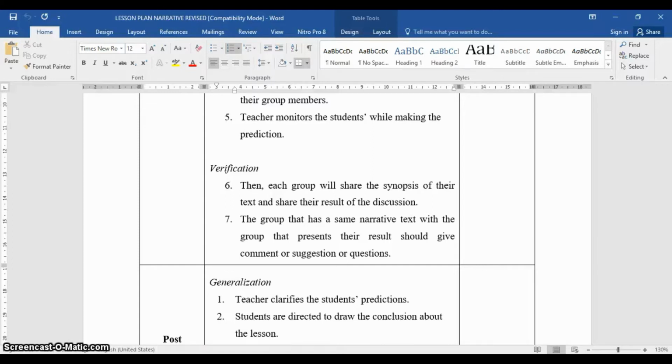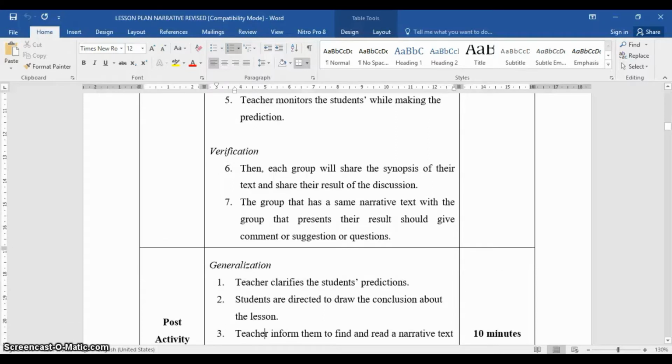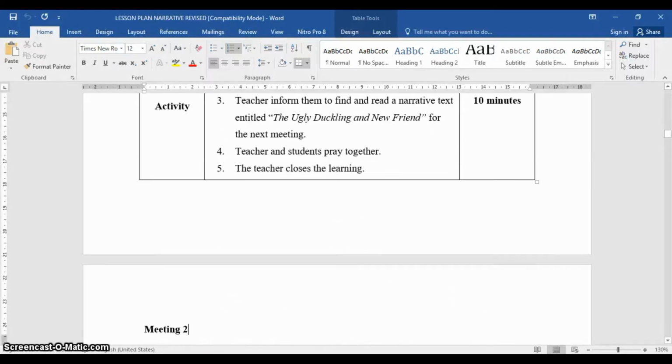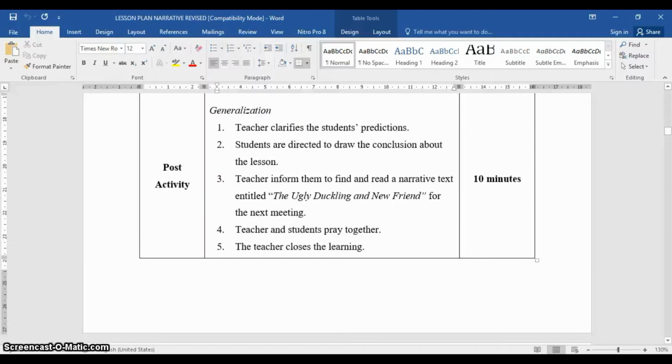And then the group that has the same narrative text as the group that presents the result should give comments or suggestions or questions. So, there is a generalization. In generalization, the teacher clarifies the students' predictions, and then the students are directed to draw the conclusion about the lesson.